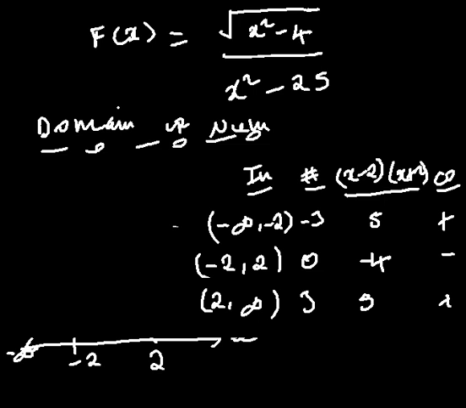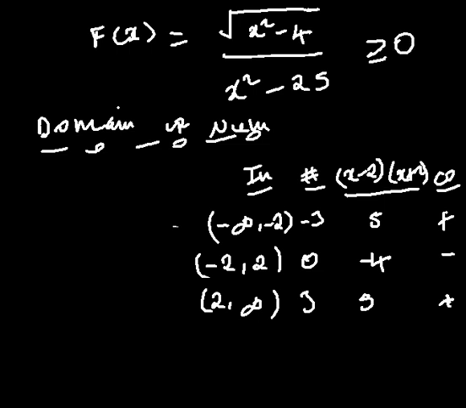And now for this case, how should we have the set of the domain of the numerator? The domain will be the intervals with positive conclusions, since we have the condition of greater than or equal to 0.